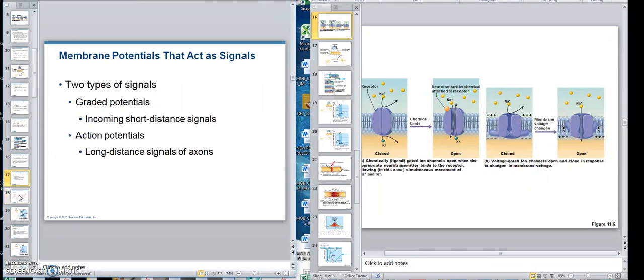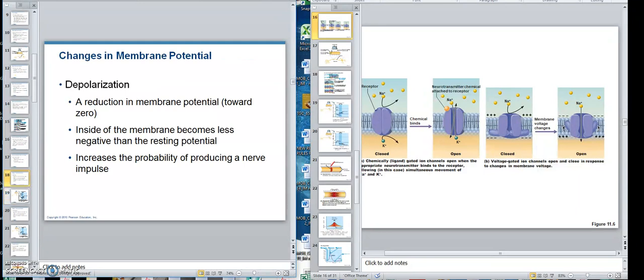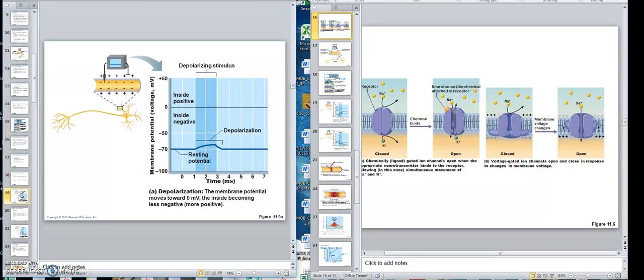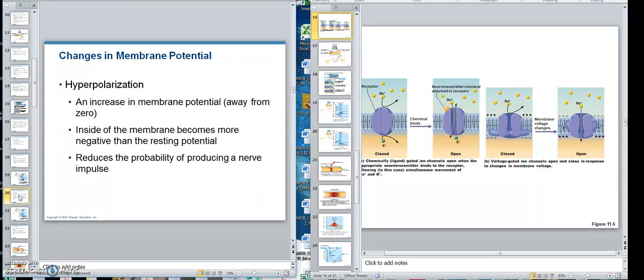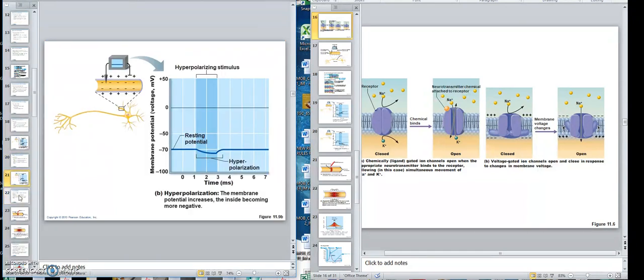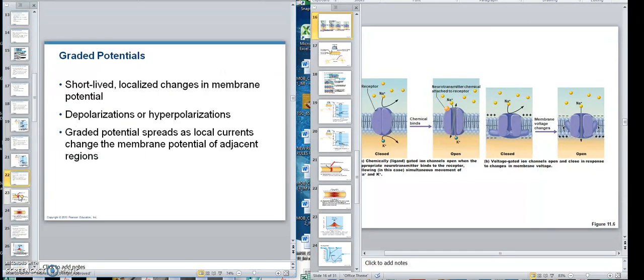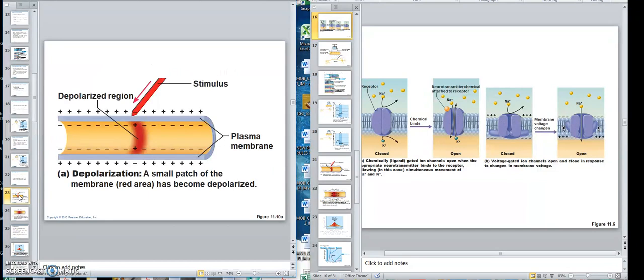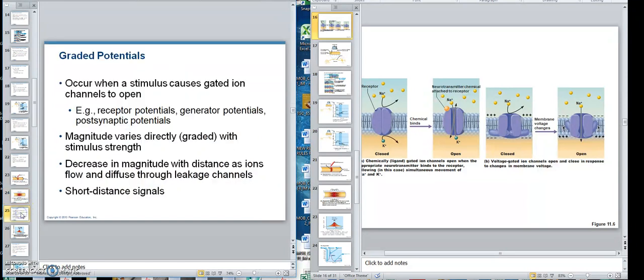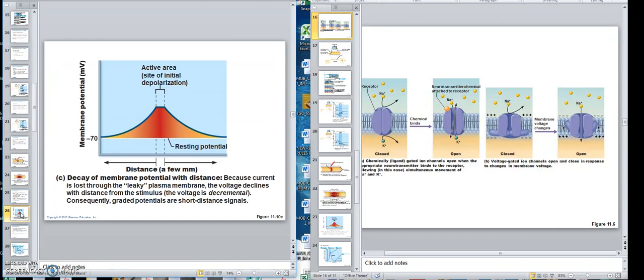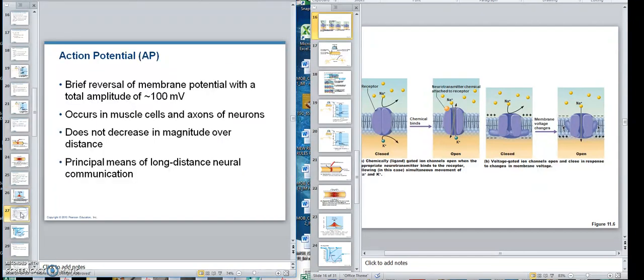Graded potentials, action potentials, depolarization, hyperpolarization, graded potentials, depolarization waves, everything was in the electrophysiology. So if you did that and then you looked at this, I think you should be able to master this quick.